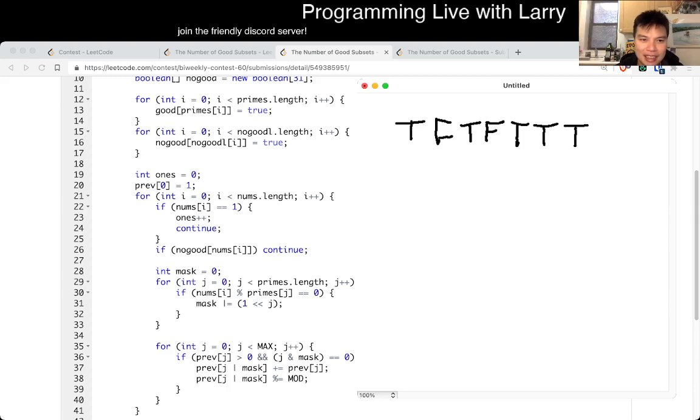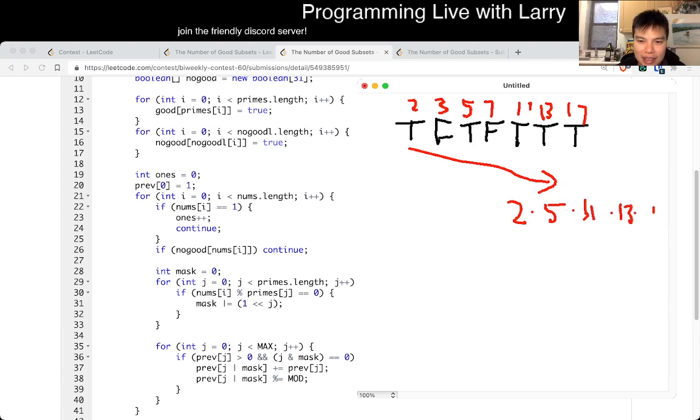So pretend that this is 2, 3, 5, 7, 11, 13, and 17, right? And here our bitmask represents 2 times 5 times 11 times 13 times 17, right? And this is because these are the T values, the true values, right? So this goes here and so forth.